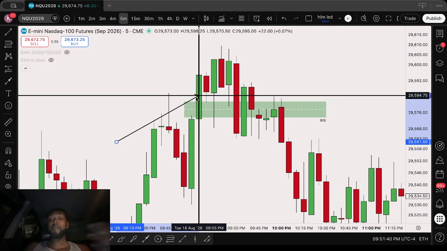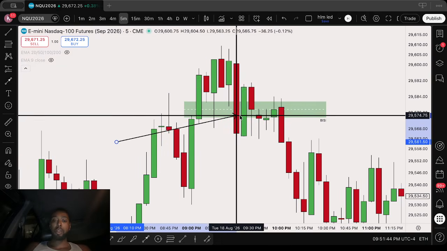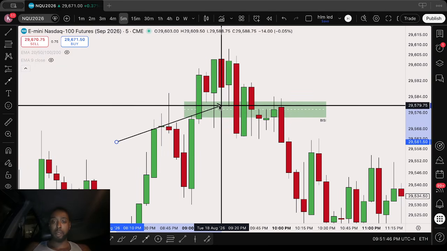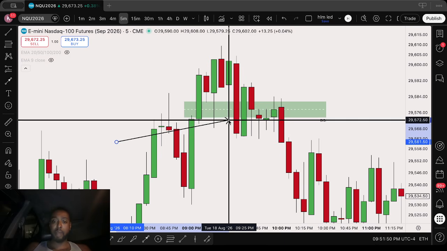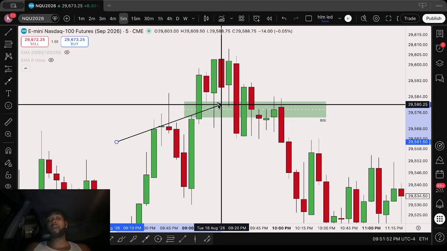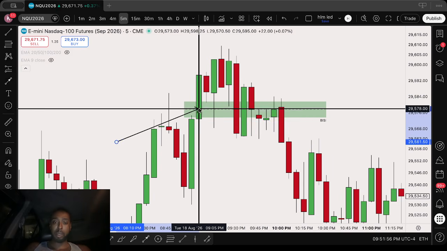But an inverse fair value gap is when price does not use the bullish fair value gap correctly. It literally just disrespects it. It closes below, disrespecting the bullish fair value gap.